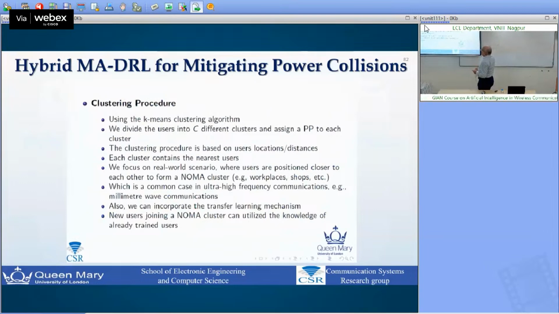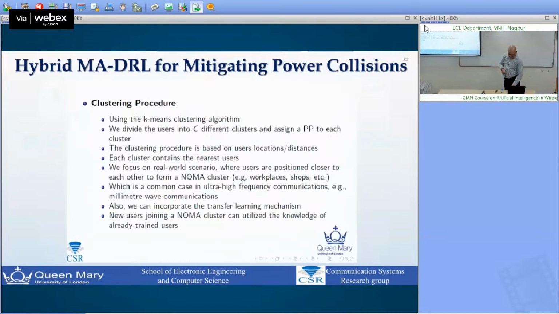So clustering is based on the user locations or distance. Nearest users form one cluster. Here we are going to use non-orthogonal multiple access for the cluster.